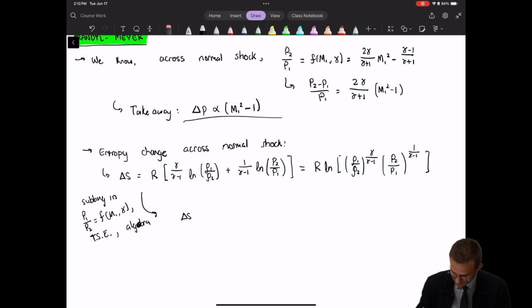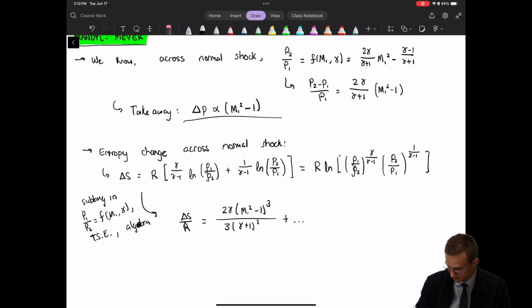But what you end up with is delta S over R is equal to 2 times gamma times the quantity M1 squared minus 1 to the third power, divided by 3 times gamma plus 1 squared. Let's make that clear that this is a 3 here.